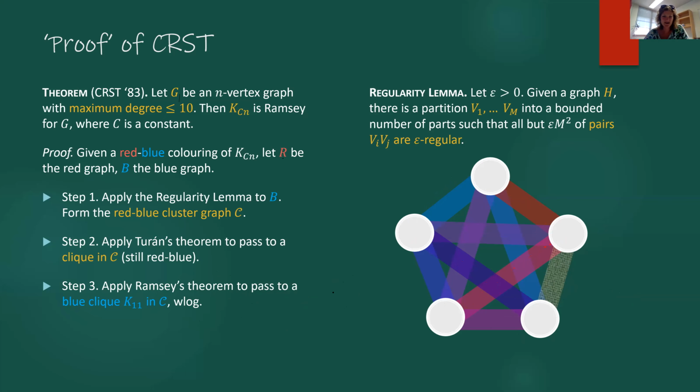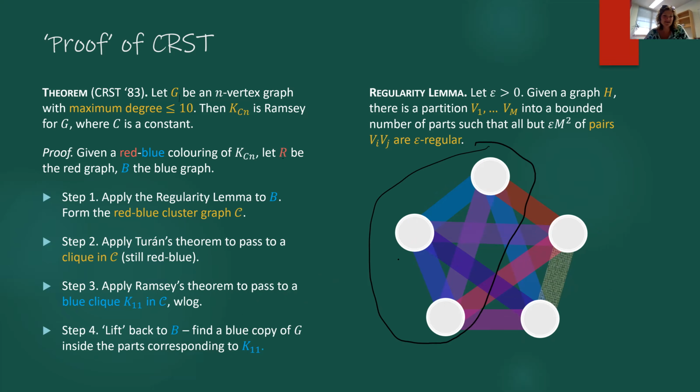Okay, now I erased all the ink. So anyway, we apply Ramsey's theorem, and Ramsey's theorem spits out a bunch of parts so that everything between them is blue in the cluster graph. And now the final step is to actually embed our bounded degree graph inside these parts. So that's step 4.